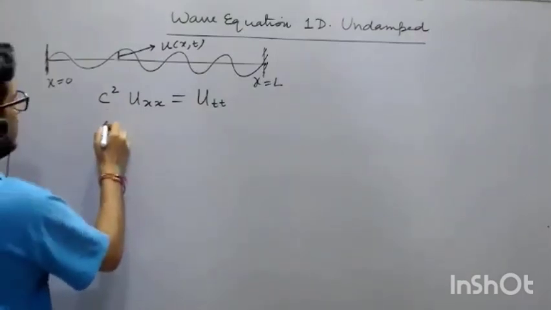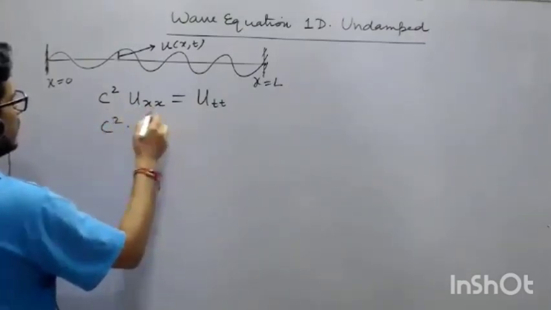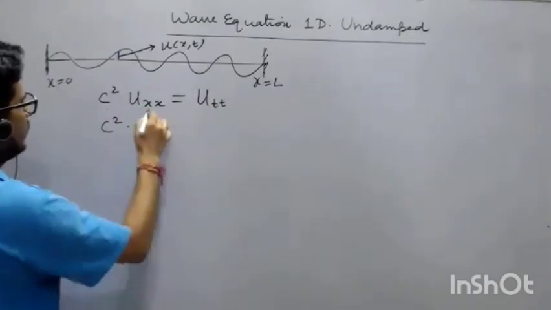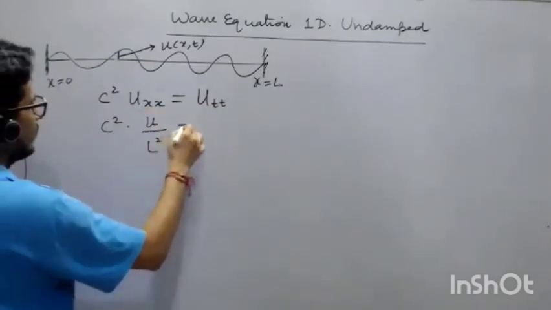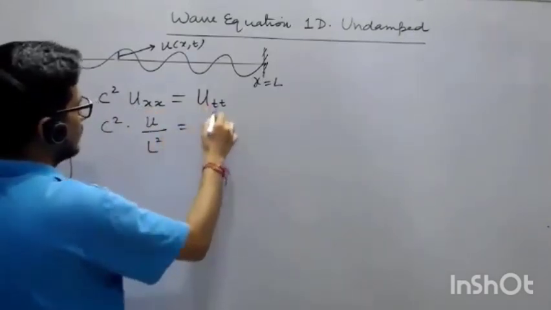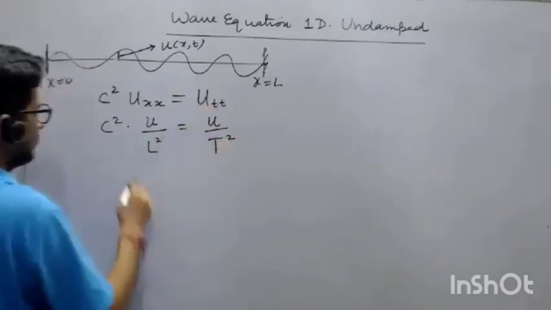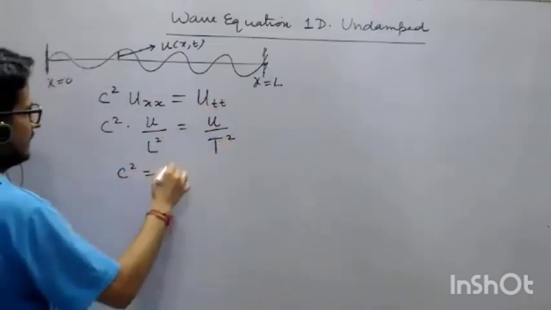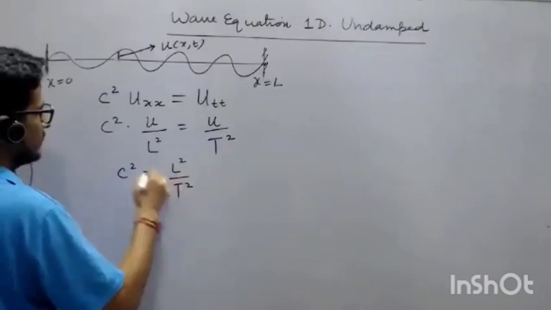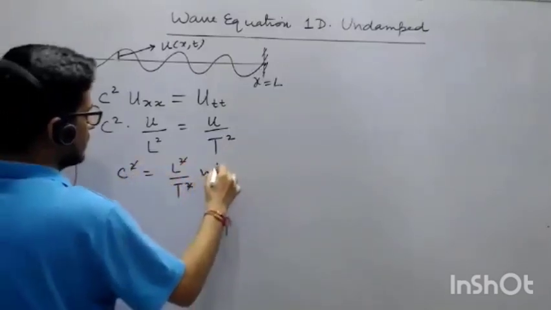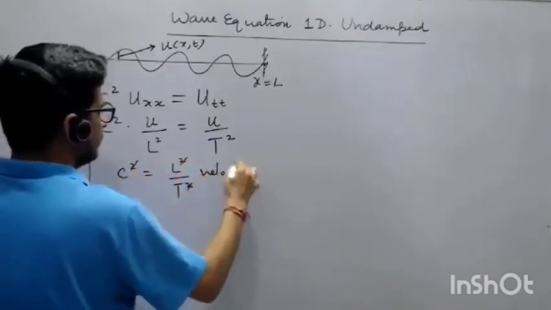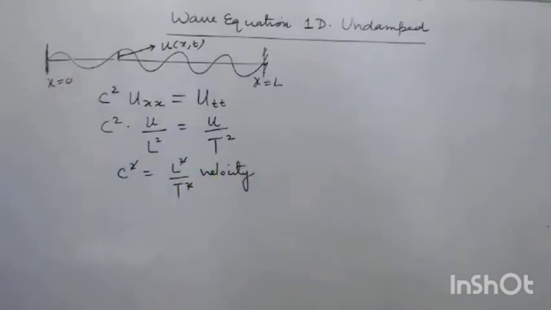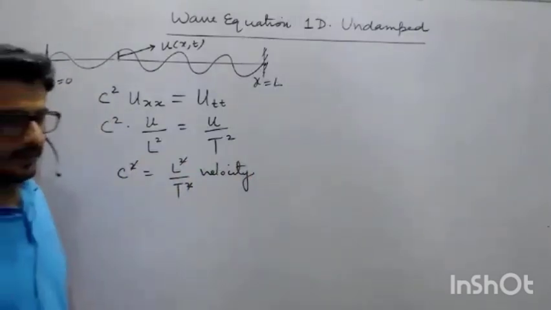You can see dimensionally also, suppose u has dimension of u and this double derivative will be L square. Again u has dimension of u and this double derivative will be t square. So you can see that c square will have dimension of L square by t square, which is velocity. Okay, so this will represent the velocity of the wave.